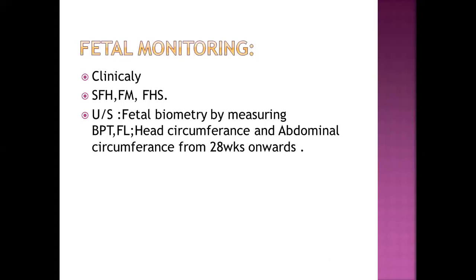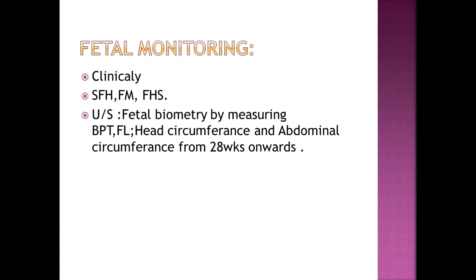How is the amount of liquor amnii clinically? Were you able to feel the fetal movements and listen to the fetal heart sound by the Pinard's fetoscope?